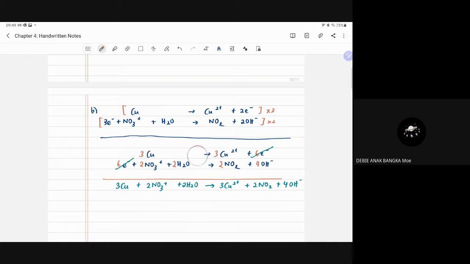And this would be the balanced half equations after multiplying, multiply by 3 and by 2, because the lowest common multiple of 2 and 3 is 6. So 2 times 3, 3 times 2.